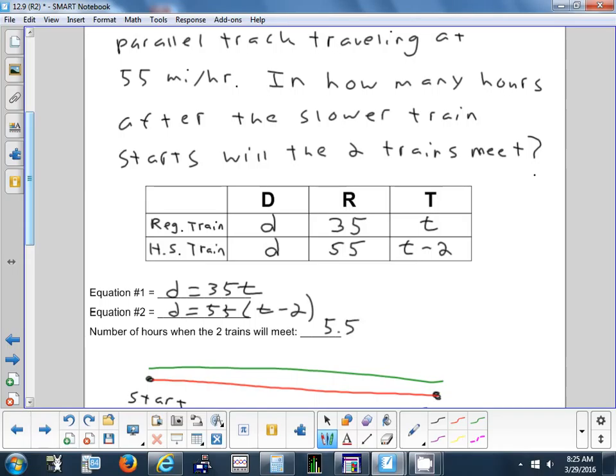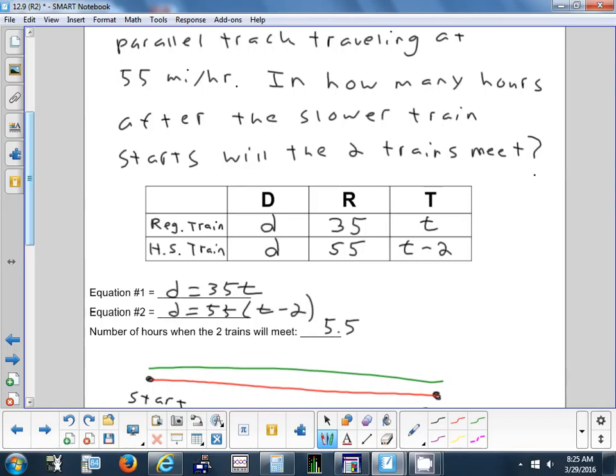Now, what if I said, how many hours after the high-speed train starts will they meet? So if you were riding on the high-speed train, how long before you catch up to the slow train? Yeah? 7.5 hours? Because you add 2. Or no, you subtract. You subtract 2.